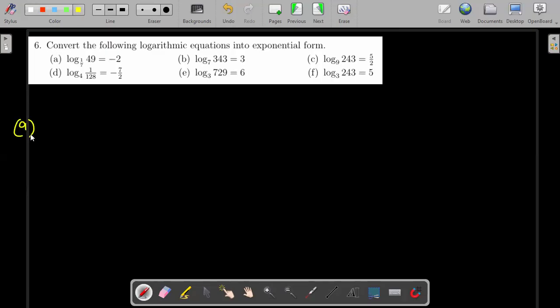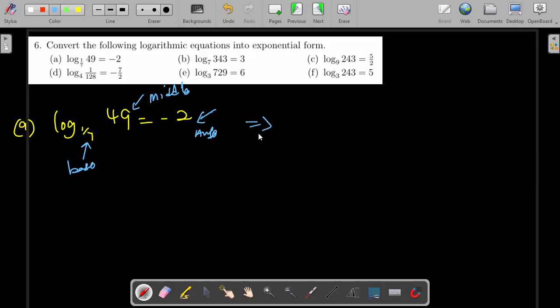So A, we have log base 1 over 7 of 49 is equal to minus 2. We want to convert this to an exponential form. We know that this here is our base, this here is our middle, and this one is our answer. When you convert, we use our BAM, which is very important: base to the power answer.